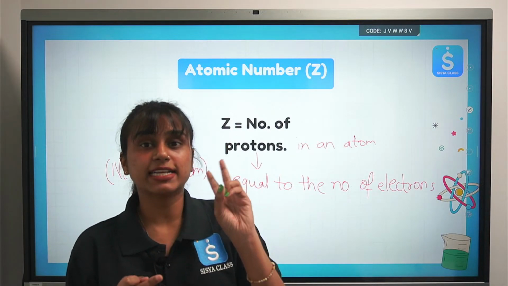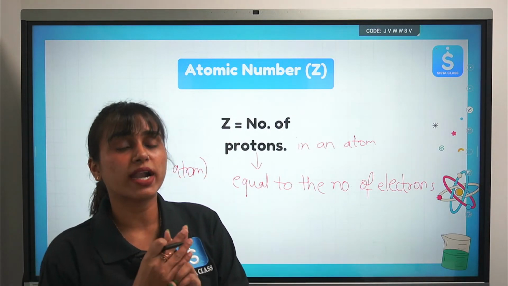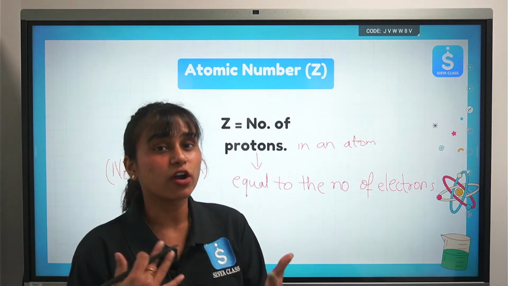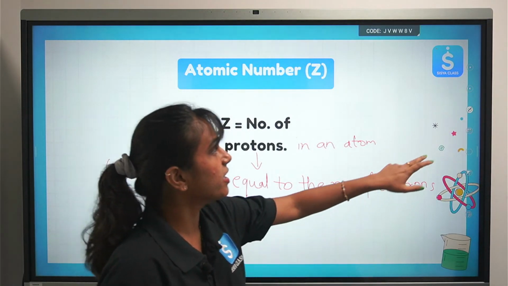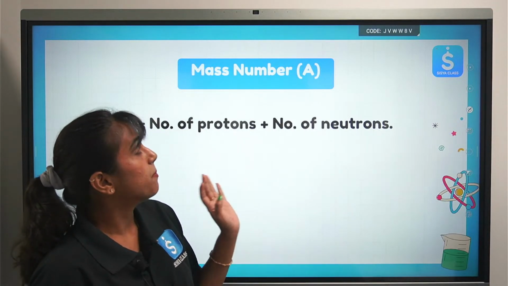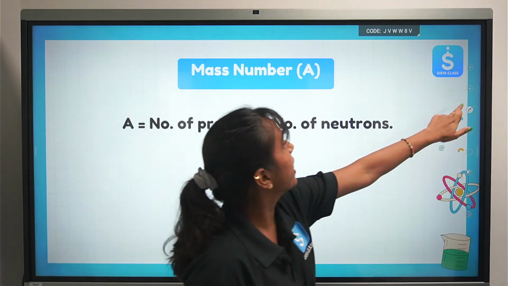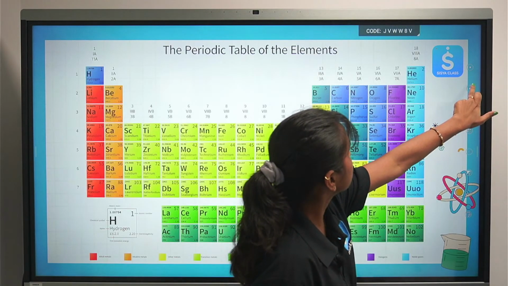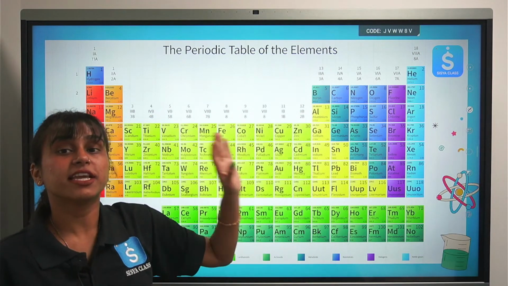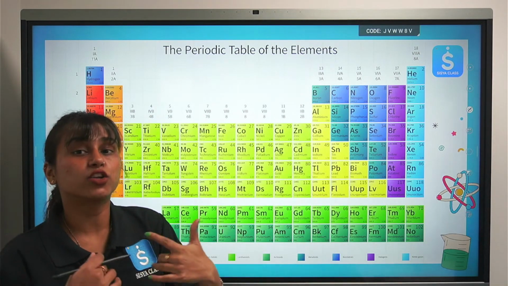There are two quantities which are important when we are talking about elements and atoms. First is atomic number and second is mass number. I want you to pay attention to one more thing. In this periodic table, the elements are arranged in increasing order of their atomic number.